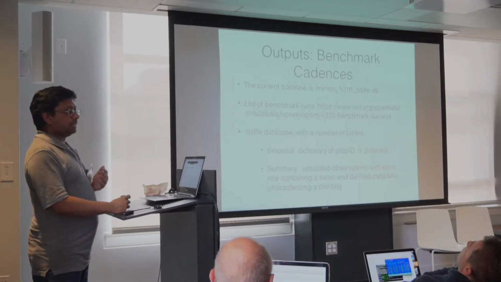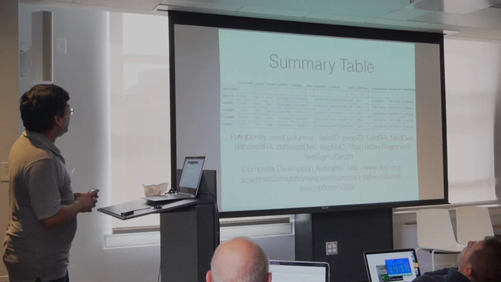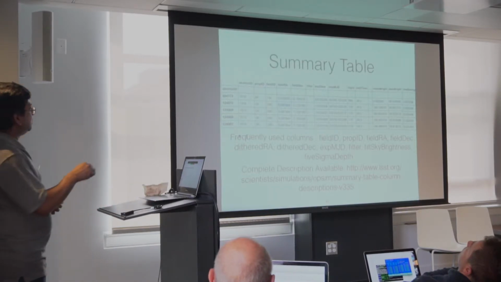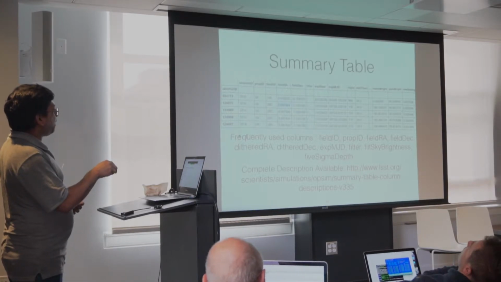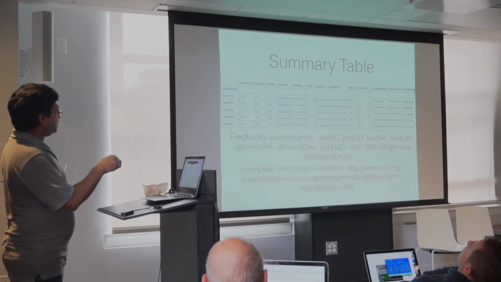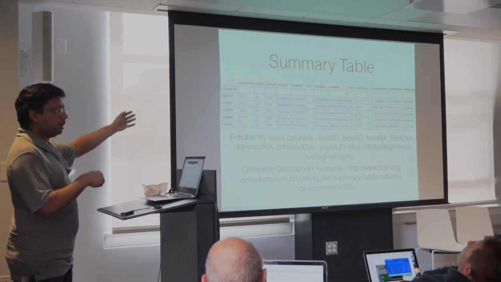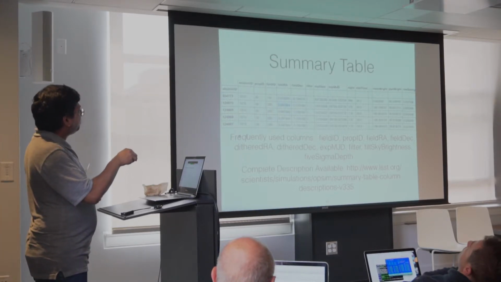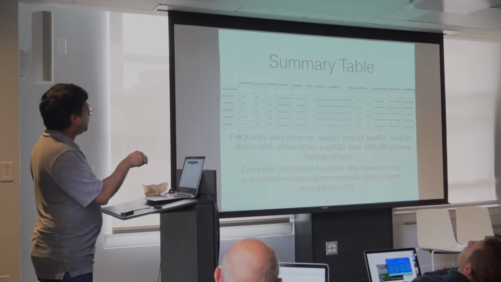So it has a set of basic and derived parameters, and it looks like this. This is the index that characterizes a pointing. Prop ID tells you which proposal it is. In this case, this 56 just tells you that it is a deep drilling pointing. The field ID tells you which of those OPSIM fields it's pointing at.